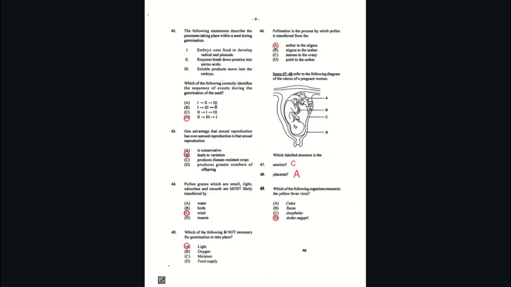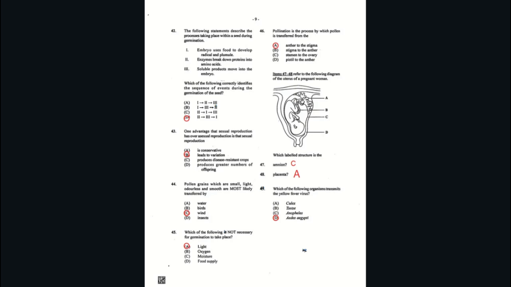We know that sexual reproduction leads to variation because all the offspring are different. They are genetically different from each other, physically different from each other. If we did asexual reproduction, all the offspring would be exactly alike, with the same susceptibility to diseases, just the same characteristics. So that's one advantage that sexual reproduction has over asexual reproduction. The answer would be B, leads to variation.